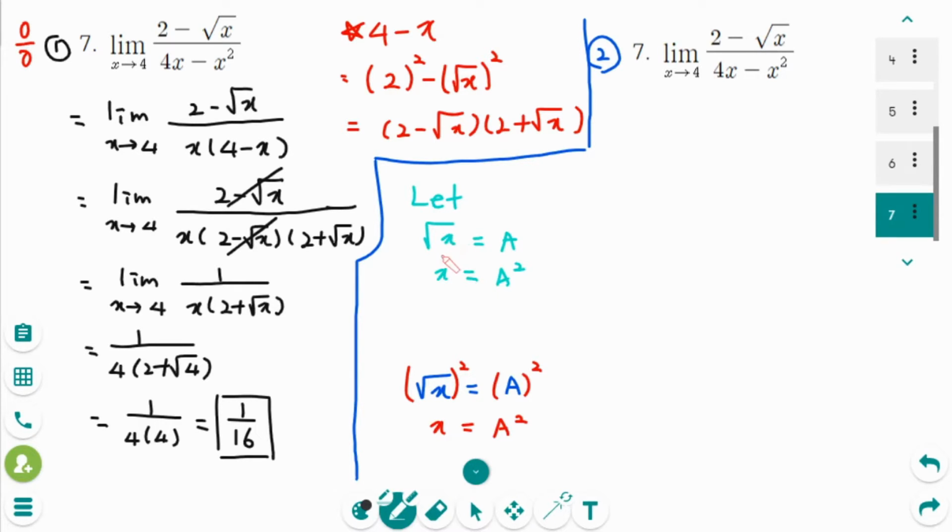Therefore, when x approaches 4, that means a approaches 2. Then the limit becomes 2 minus a over 4 times x, which means a squared, minus x squared, which means square each side, which is a to the power of 4.